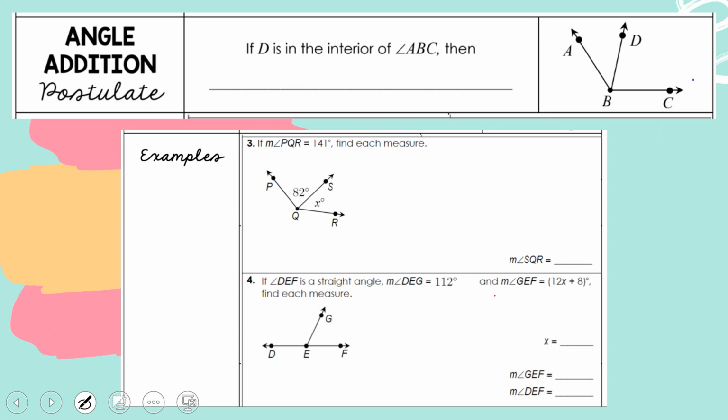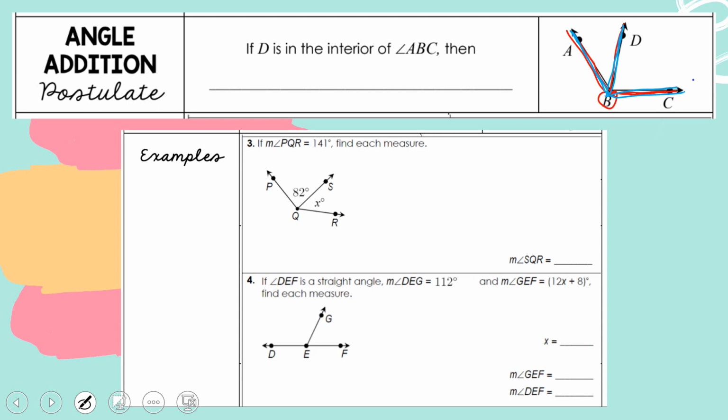The angle addition postulate basically says that if I have one big angle and I split it into two, so I stick another ray in the center, as long as this vertex is the same, then if I take this angle and add it to this angle, it equals the whole thing.